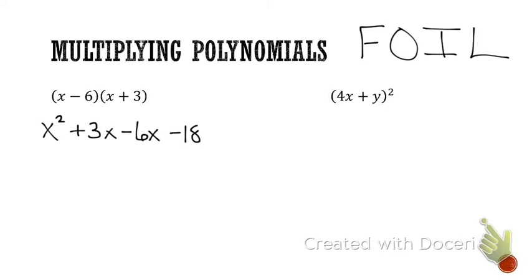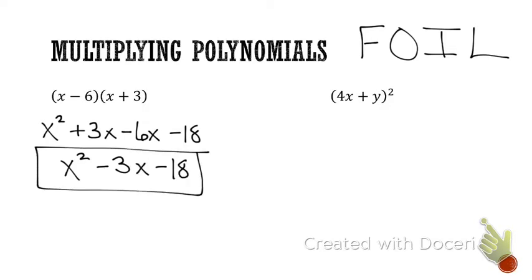And again, this is getting you ahead for Algebra 1 because you learned this in Algebra 1. So now we combine our like terms in the middle, and we get x squared minus 3x minus 18. And we've multiplied. So just use FOIL. Don't even worry about distributive property for the binomials.